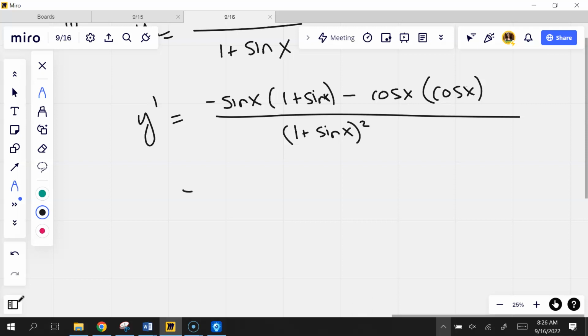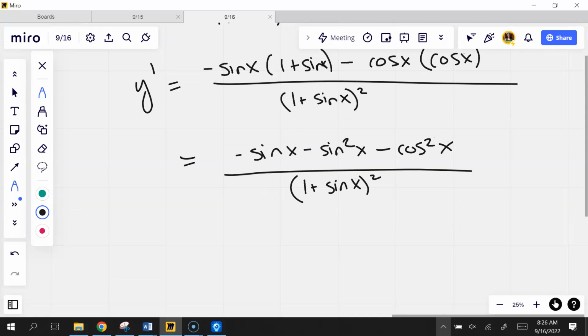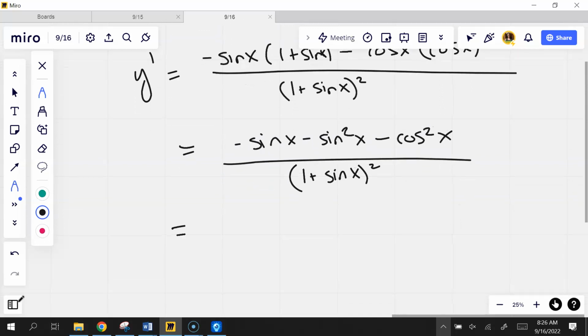All right, so I'm going to do, let's see, negative sine x minus sine squared x. Oh, I see an identity. Do you see it?